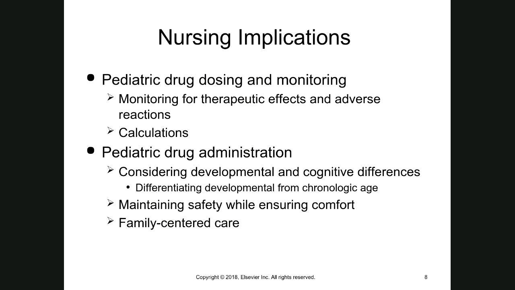Just make sure you maintain the safety of the patient. And you've got to really involve the family, because you're not really treating one patient, you're treating two, because you're dealing with the family.